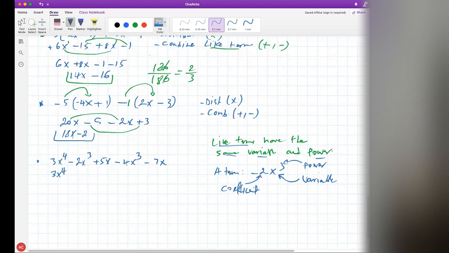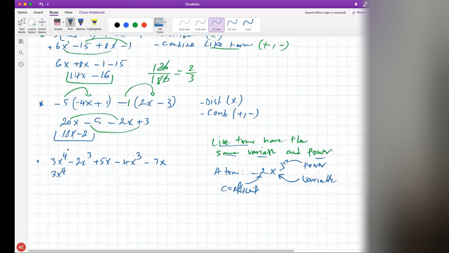So that's what a term is: the coefficient, the variable, and the power. So make sure when you add two terms, you have the same variable and the same power to be combined into one. If not, they can't add up. They stay different, just like x and y. x and y are different. We can't add them. They're just not the same thing.